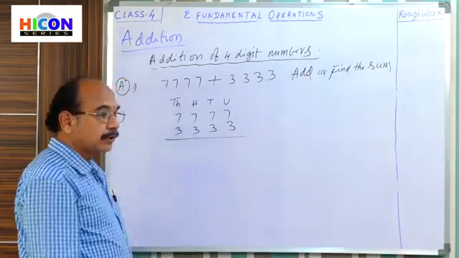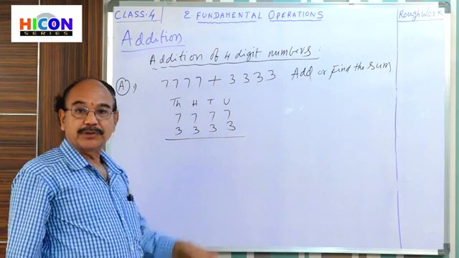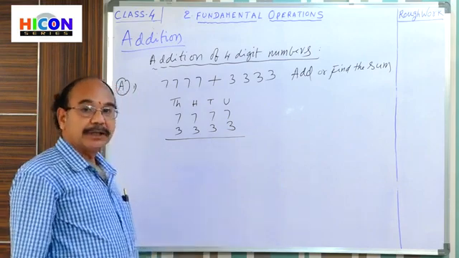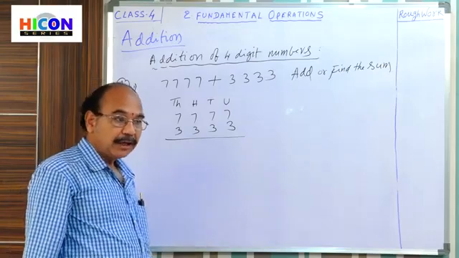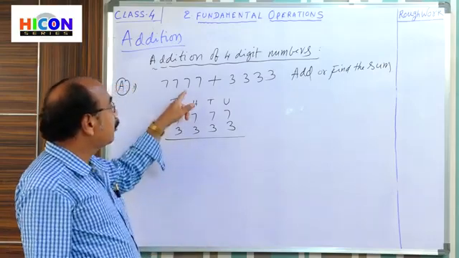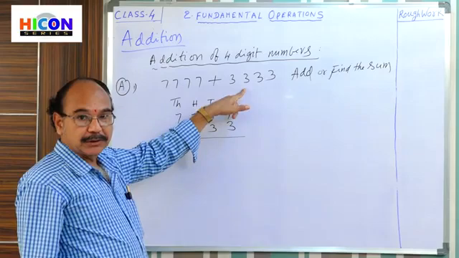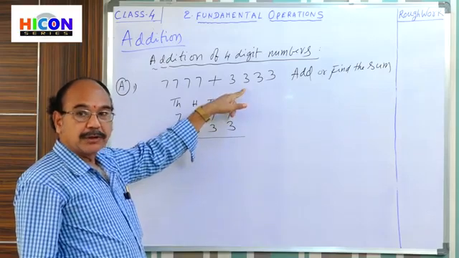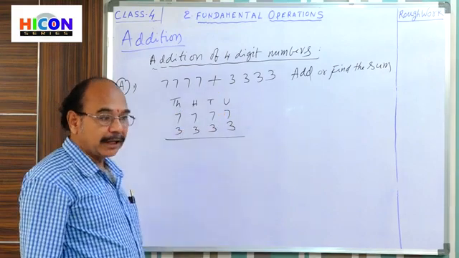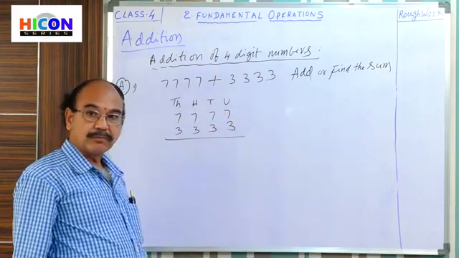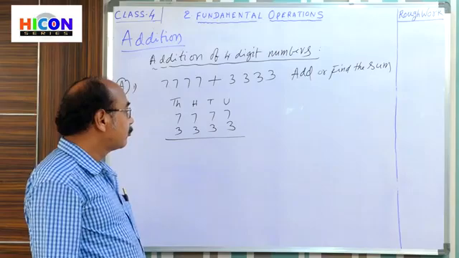Like this, the two numbers we write one below the other. These are called addends. This number and that number, the two numbers are called addends. Now add.